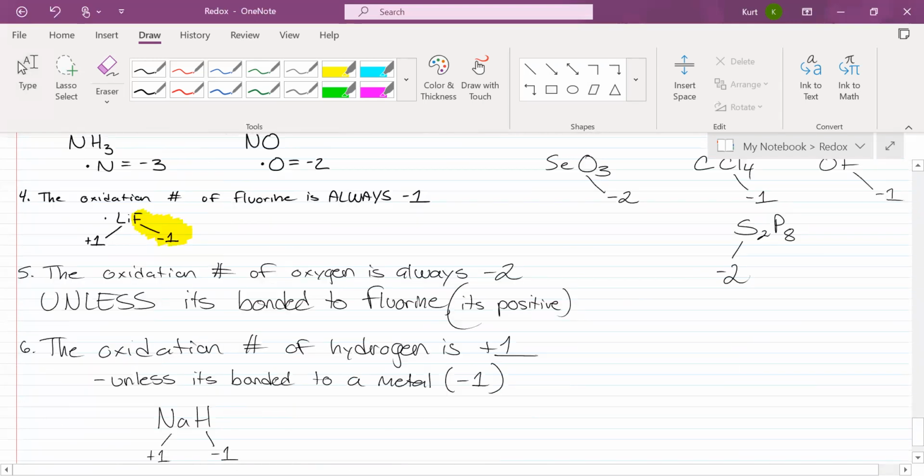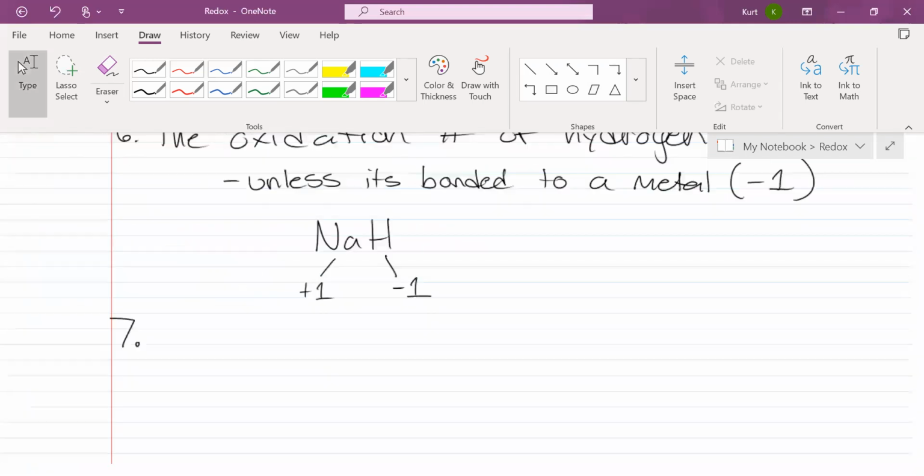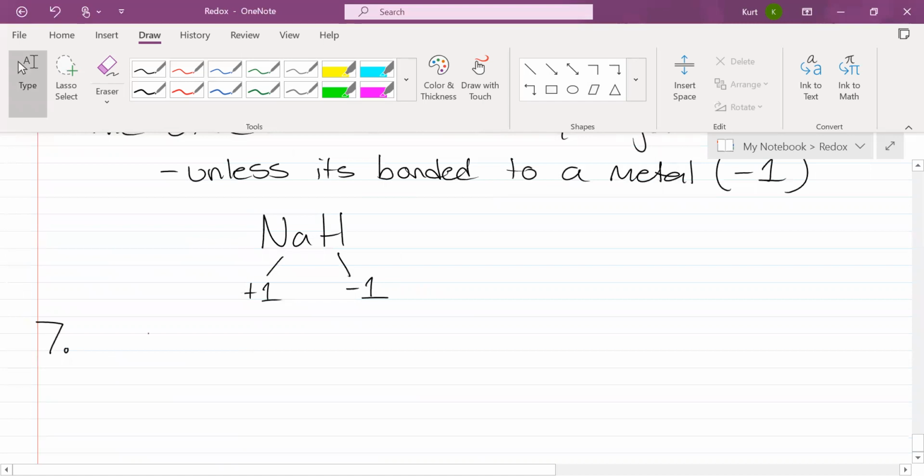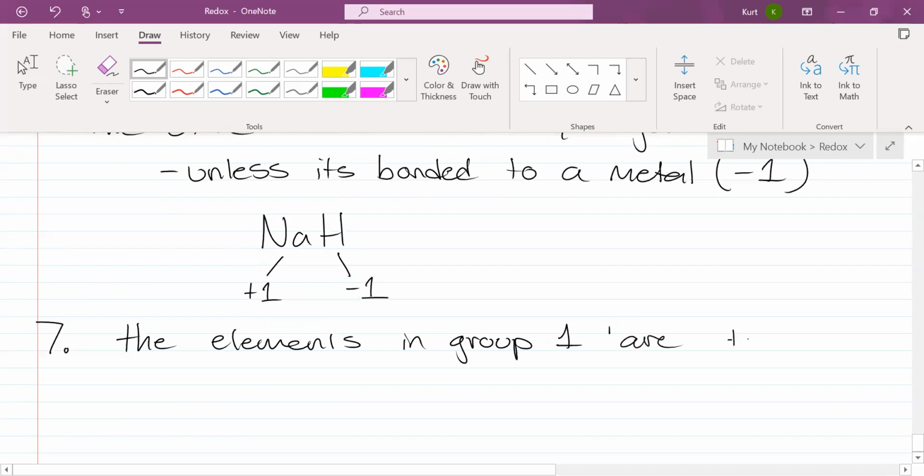Rule number 6 and rule number 7 are tied into each other. Rule number 7 is: the elements in group 1 are +1.